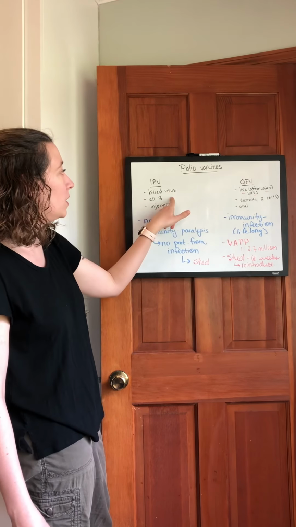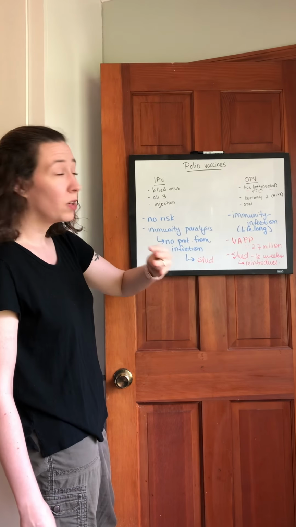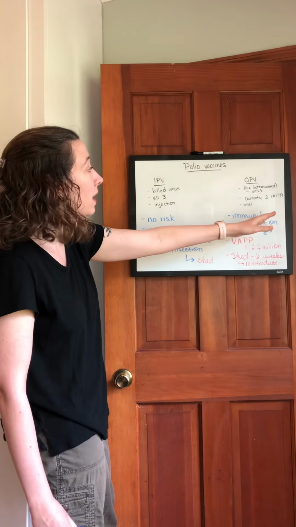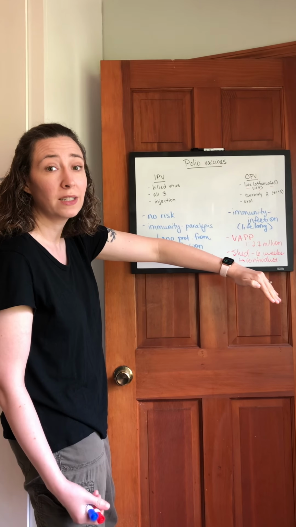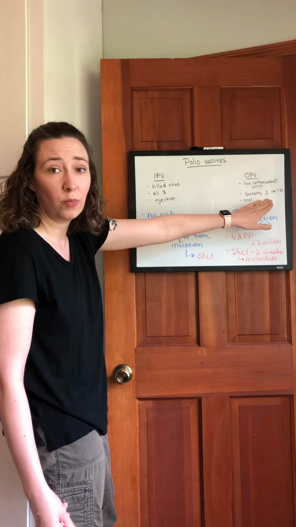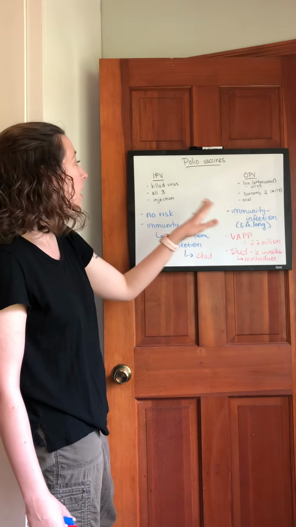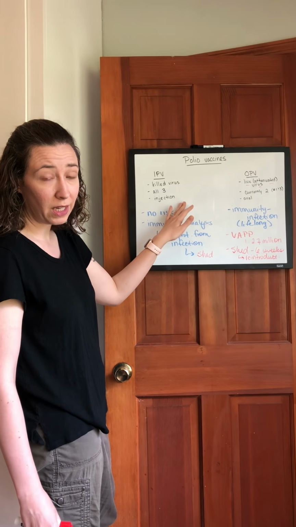We only give type 2 in the inactivated form. In a few years, when we're really comfortable that serotype 3 really has been eradicated, it's suggested that we would take serotype 3 out of the oral polio vaccine, only give serotype 1, because that's the only one still naturally circulating, and then you would only get types 2 and 3 in the inactivated form.